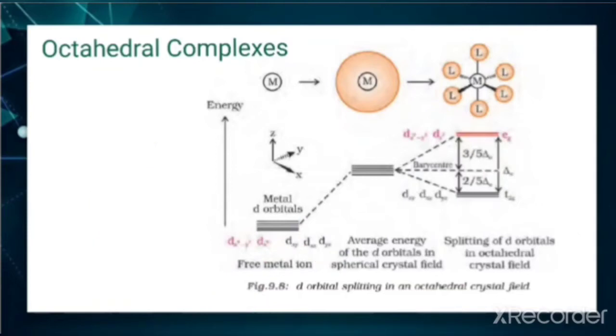When you look at the energy level diagram, these orbitals have the same energy, that is, the five d orbitals in the isolated gaseous metal ion or atom have the same energy. So we can say they are in a state of degeneracy, called the degenerate state, meaning having the same energy.